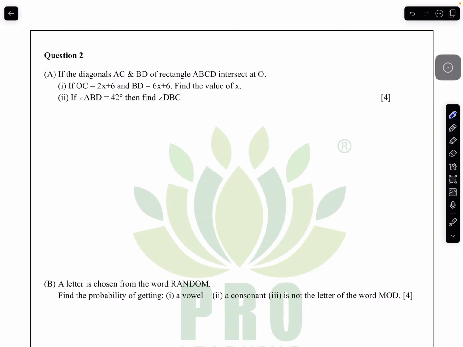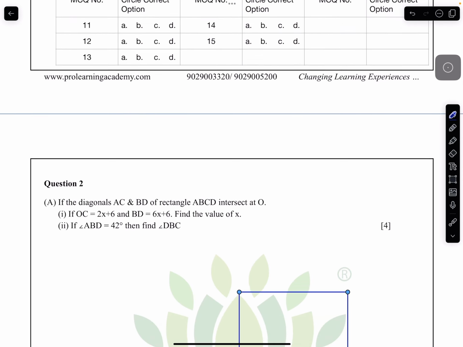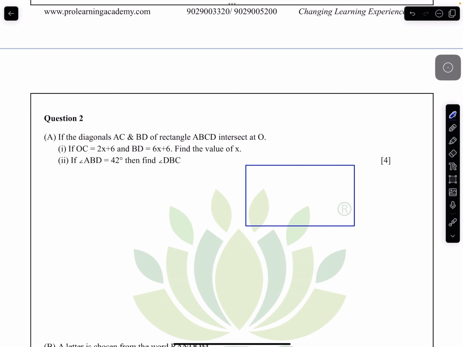It says if the diagonals AC and BD of a rectangle ABCD, so we take this rectangle down here. We know that ABCD is a rectangle.